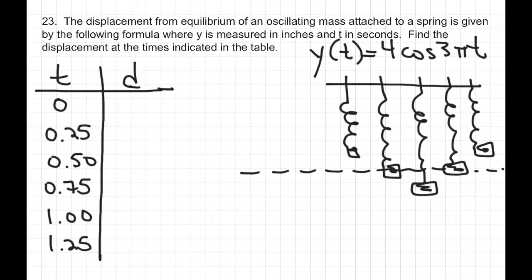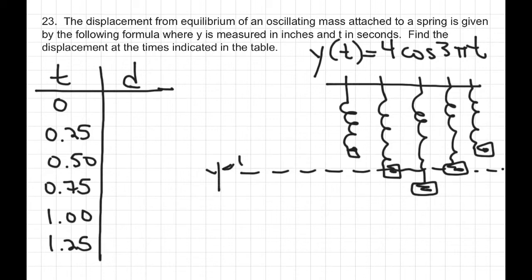Well, if you were to pull on the spring, it's going to do a motion called oscillation. It's going to go up and down and up and down. And when it's doing that, this equation represents the motion of that oscillation. We want to find out where the mass on the spring is at different times t.